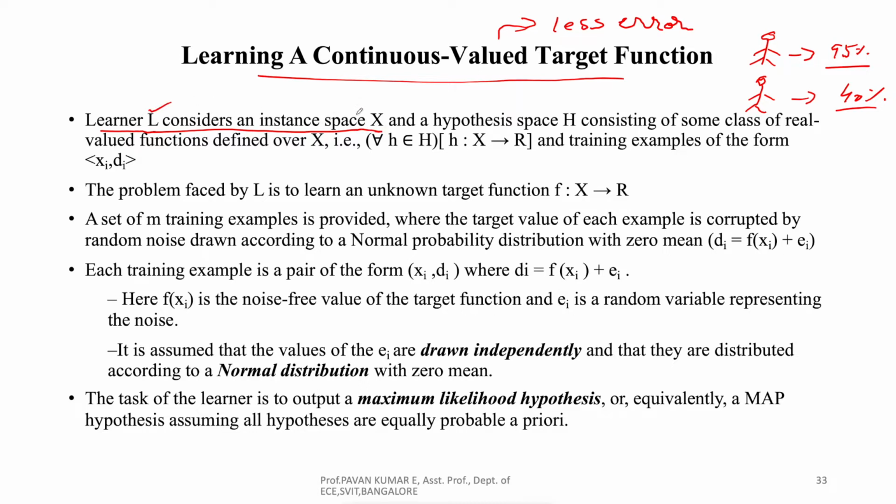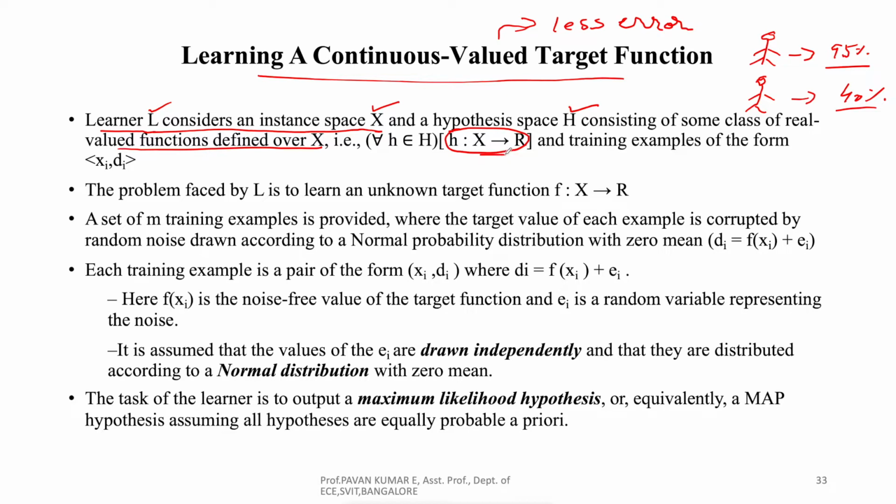Notation: it is a learner, and the instance space is considered as X, and the hypothesis space is considered as H, containing a class of real valued functions over X. So we have the parameter called H, which leads your X instance value to R, a real result.